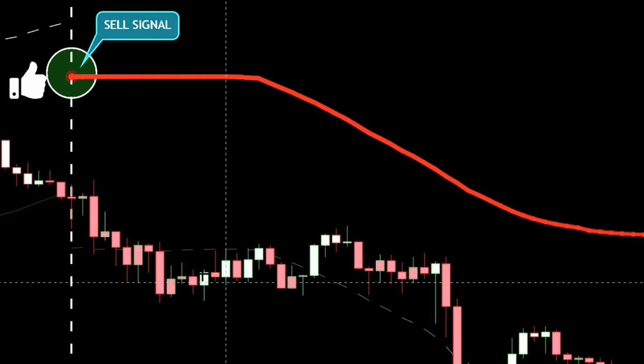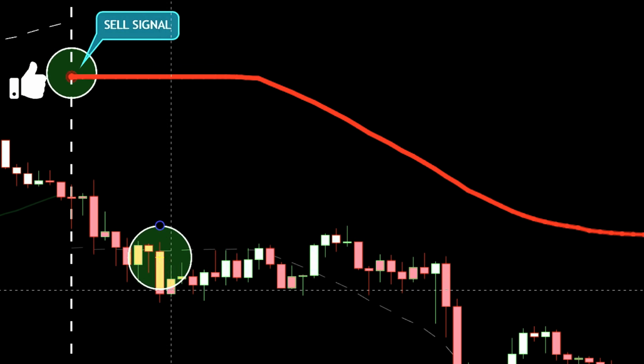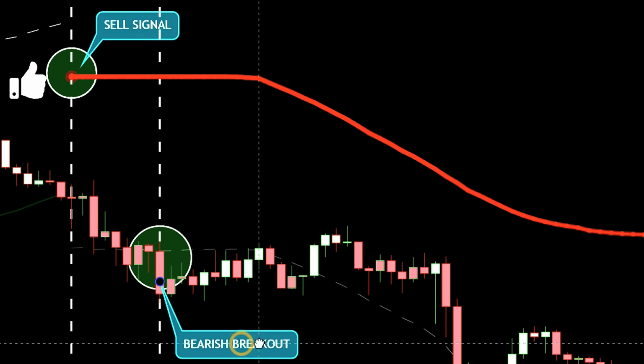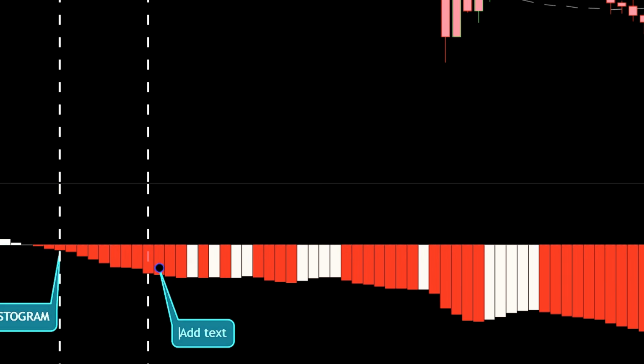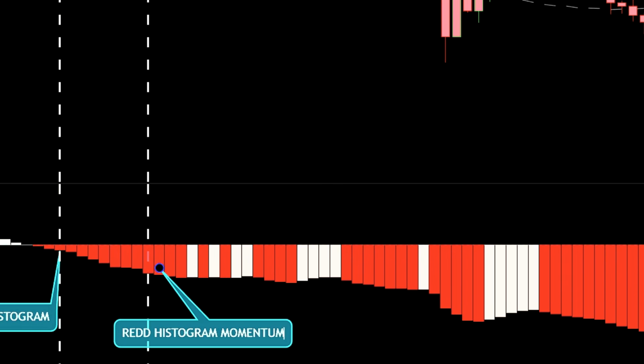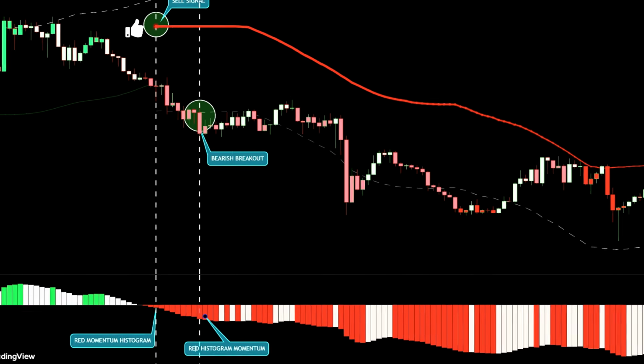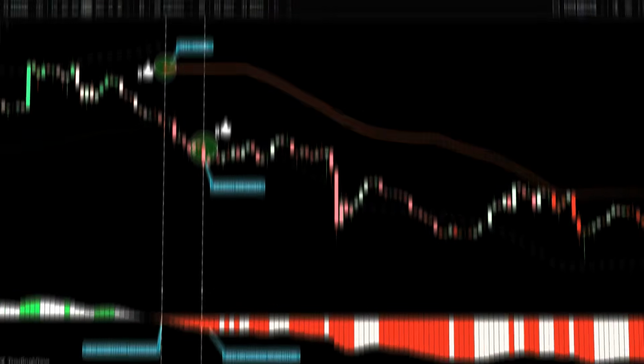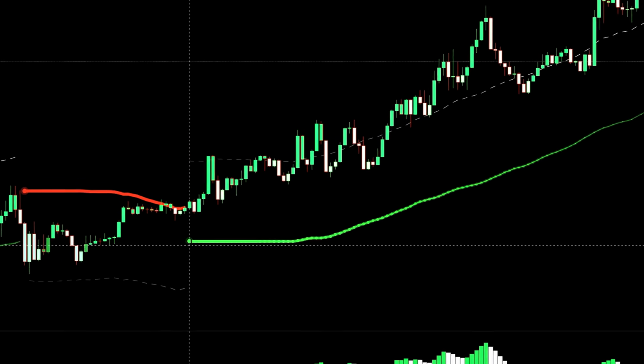The same logic applies to this breakout example here. The price breaks down, but I want to see that the momentum indicator is red to confirm the idea. It's the same principle for a potential buy.